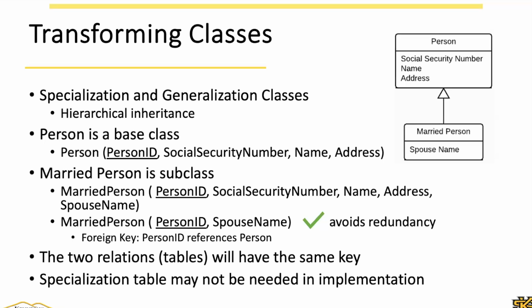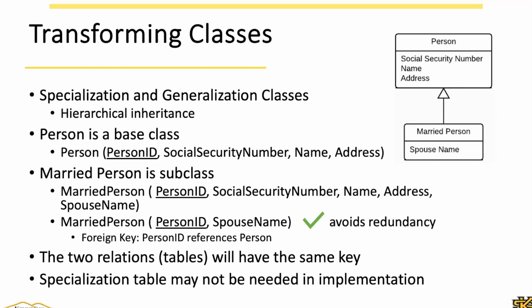Then, for the subclass like married person, you will create a separate table. In this case, the married person table will include person ID, spouse name, and any other subclass specific attributes. However, there are two common implementation approaches for this one.